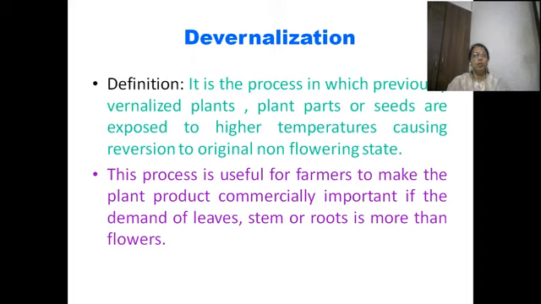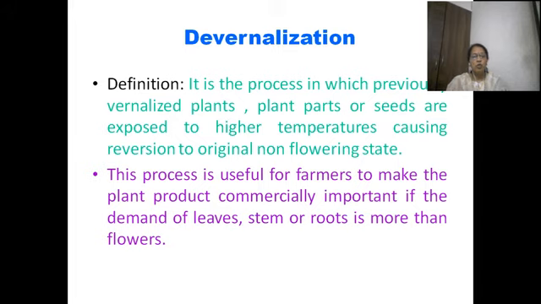So suppose you want to keep a plant in a non-flowering state and naturally it is exposed to some cold condition, then you can change the condition by providing higher temperatures and making it remain in the non-flowering state. It is called devernalization.